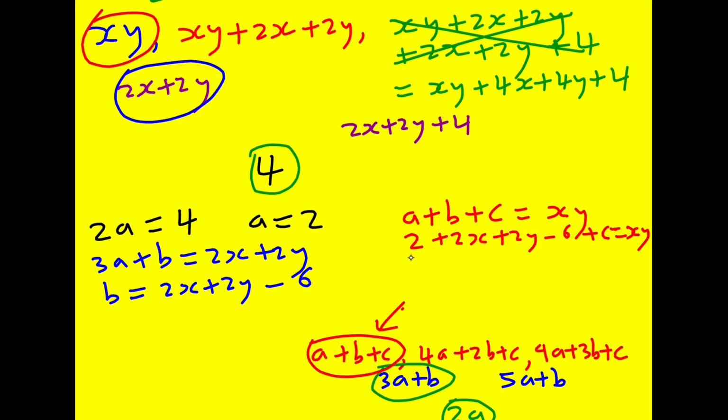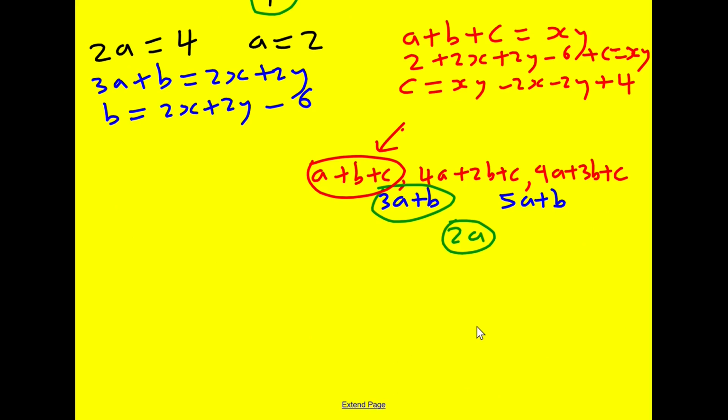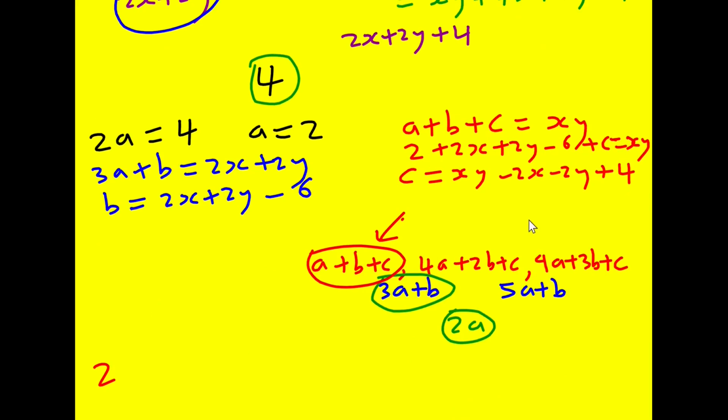So where does that leave us? That leaves us that c is going to equal xy minus 2x minus 2y. 2 minus 6 is minus 4, so I'm then going to add 4. And I'm done.